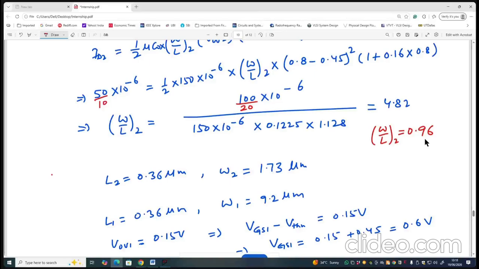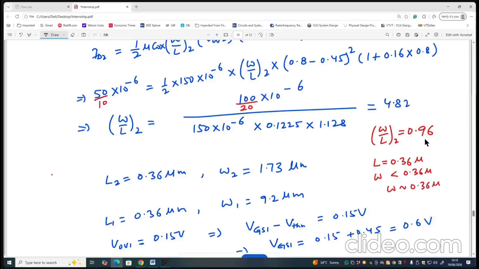So from here, now see what we need to do. If you take length equal to 0.36 micron, then W has to be less than 0.36 micron. Or you can say that W is nearly equal to 0.36 micron.